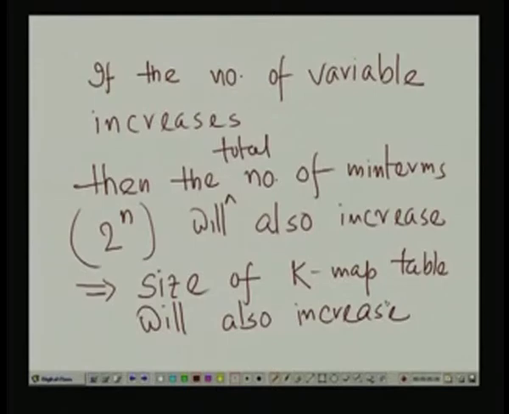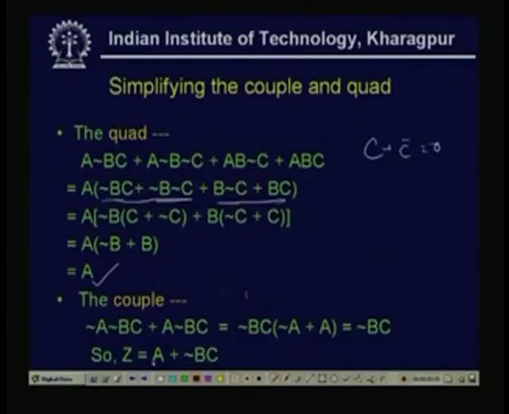Now, say if we take one example, that if the number of variables n equals 10, then 2 to the power n is 2 to the power 10, and it will be 1024.